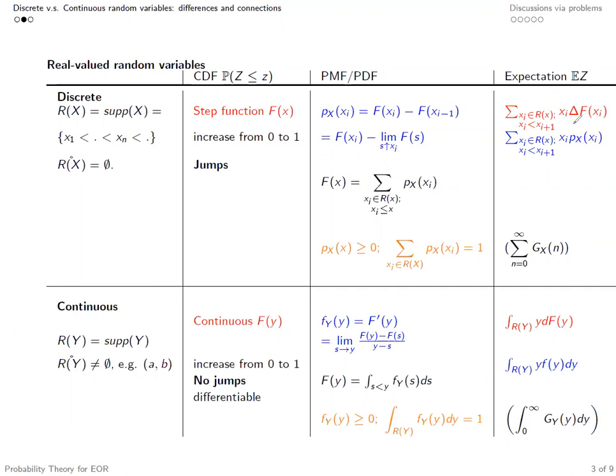We know that in both cases, we can calculate the expectation based on the CDF function, for the discrete random variable and for the continuous real valued random variable. Of course, for this one, this integral is a generalization of the Riemann integral, so it's slightly more complicated than the simple Riemann integral.